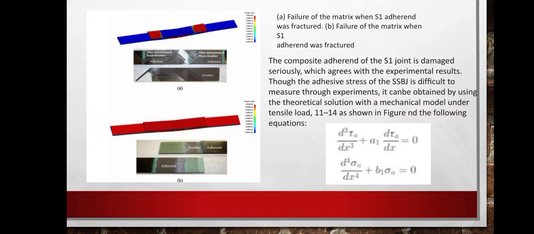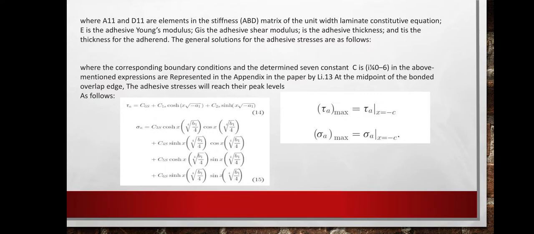Through the figure, the equation was described for the mechanical model under the tensile load, as shown in the figure, where A11 and D11 are the elements in the stiffness matrix of the unit width laminates constitutive equation. E is the adhesive end modulus and G is the shear modulus.